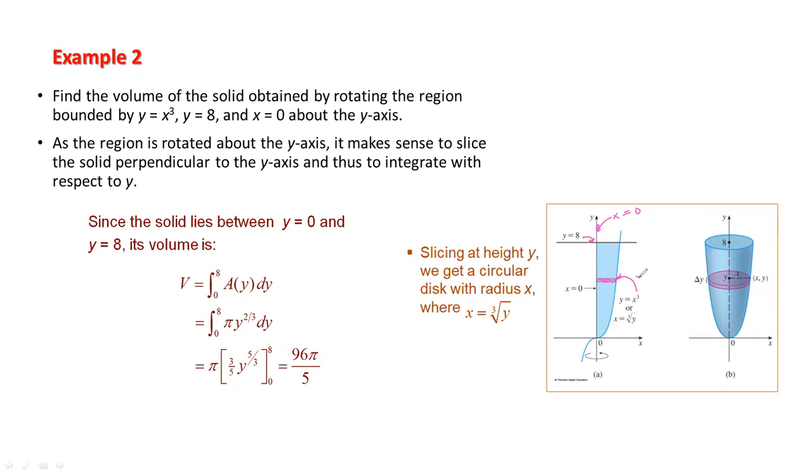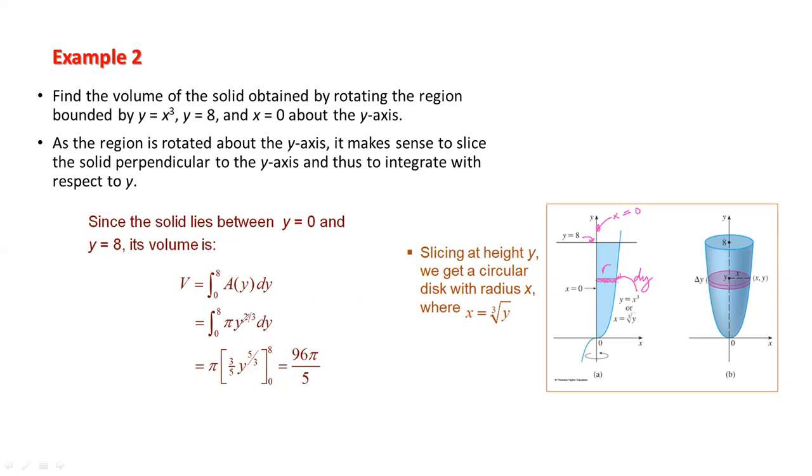So this is your dy. For your radius here, the radius would be the x of the curve, that would be the cube root of y, minus the x of this line. So you see here, pi times the cube root of y.